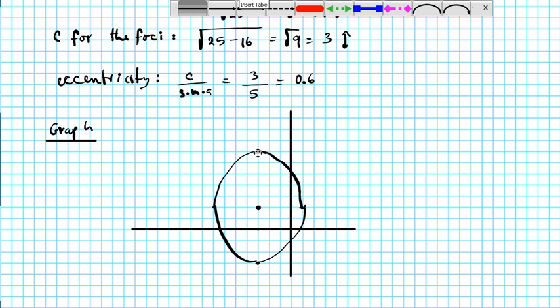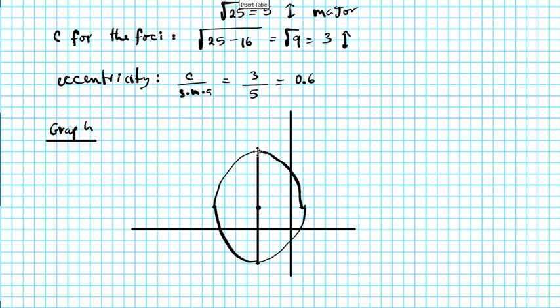I want to label my major axis first because a lot of things are going on here with it. First, I like to label the center because that's my point of reference. My center is -3, 2.